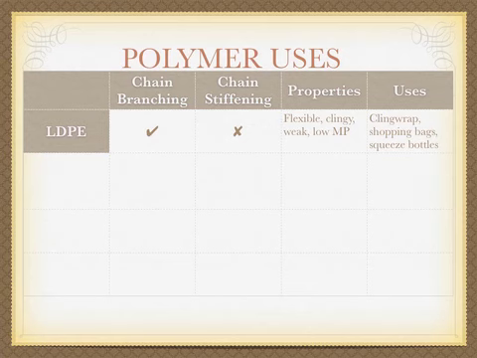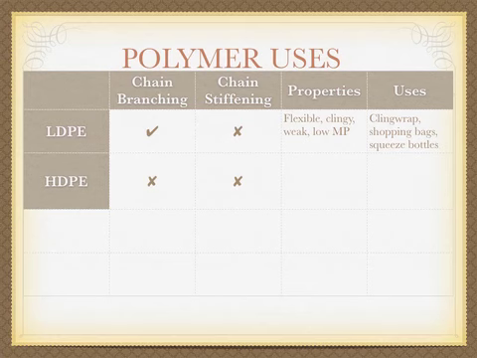Low-density polyethylene has chain branching, but it does not have chain stiffening. This means that it's low density with the presence of side chain branches that are not stiff, so therefore it's flexible and clingy, it's weak, has a low melting point. So it's good for things like cling wrap, shopping bags, squeeze bottles, those sorts of properties give it that kind of function.